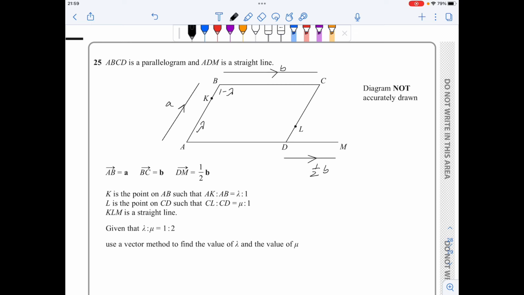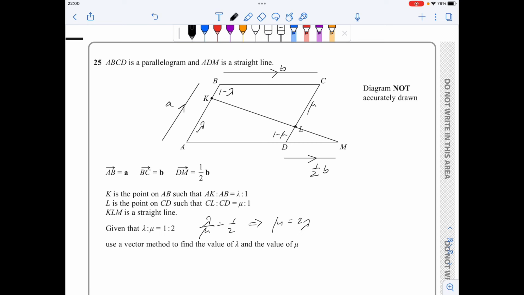Similarly, CL to CD is mu to 1, so CL is equal to mu and LD is 1 minus mu. Those are fractions. And I'm given that KLM is a straight line. I'm also given that the ratio lambda to mu is 1 to 2. That means lambda over mu is 1 over 2, which means that mu equals 2 lambda.